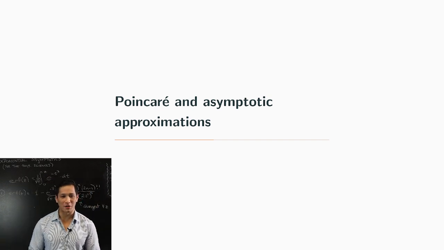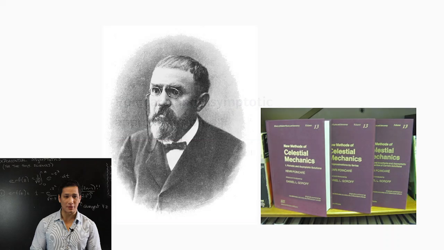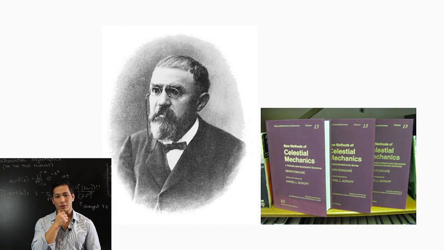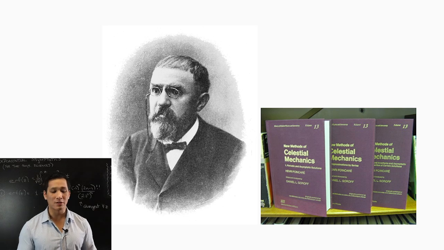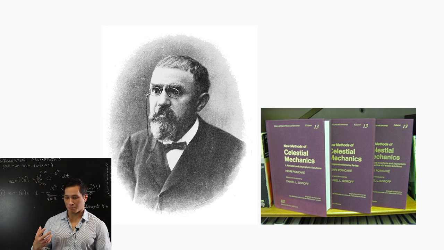Okay, so I want to go on now to Poincare and to give you precise definitions of what it means to be an asymptotic approximation. Where we left off with the history last time was that in the late 1800s, as I indicated, there were a lot of mathematicians, physicists and practical applied scientists who were using divergence theories quite successfully in order to develop approximations.